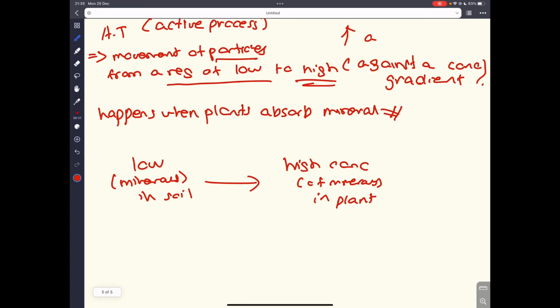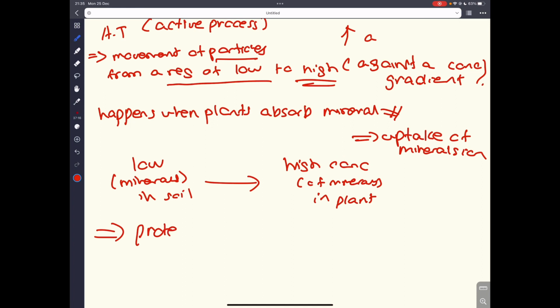And so this could be mineral ion uptake, right? The things that are actually helping the plant to absorb or take in the mineral ions are basically proteins.